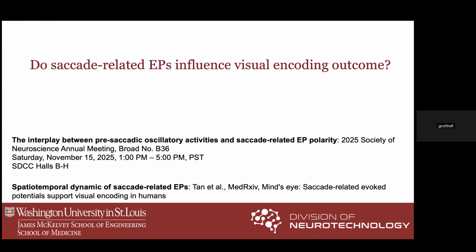The next question is, do these evoked potentials influence visual encoding outcomes? Because they are not just represented in the pathways which start to have motor signals, they are also present in the brain region that is associated with memory.